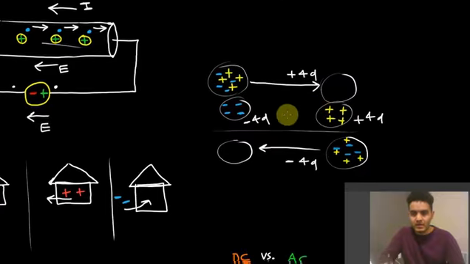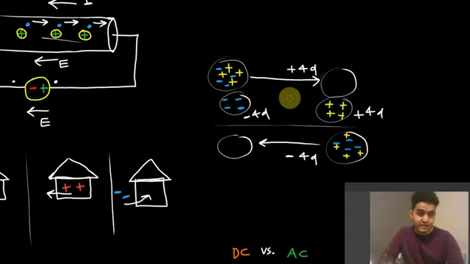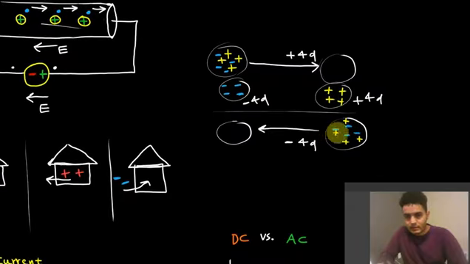Now let's look at what's going to happen if you have electrons moving in the opposite direction. So this vector that represents current is going to be the negated version of this vector. So you're going to have a negative 4q, if you remember vector algebra. If you multiply this vector by negative 1, you're going to get the opposite of it, which is this vector over here. So now let's look at the negative charges, and let's see what they're going to do.